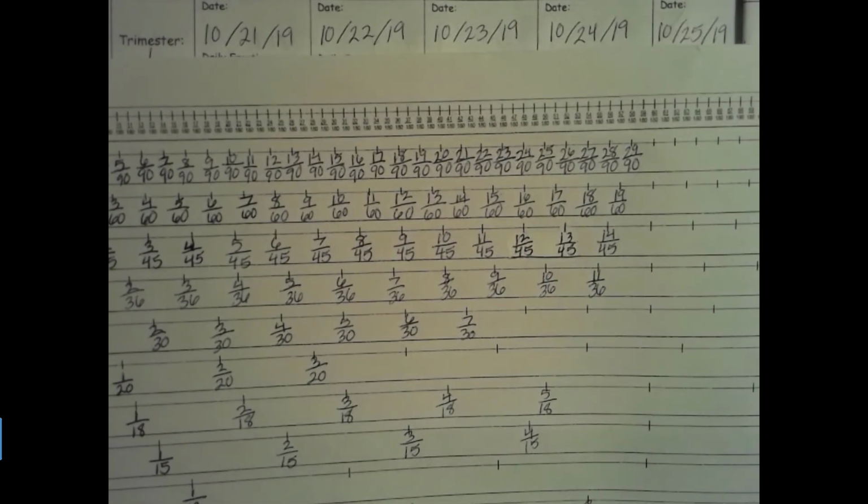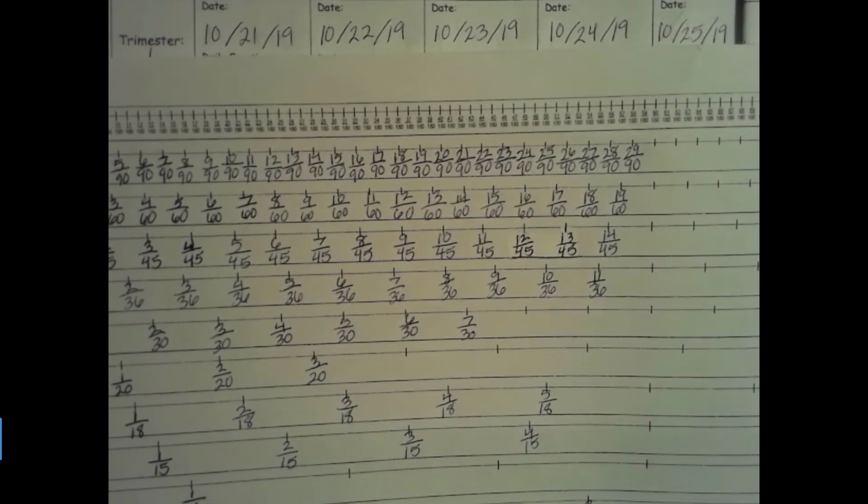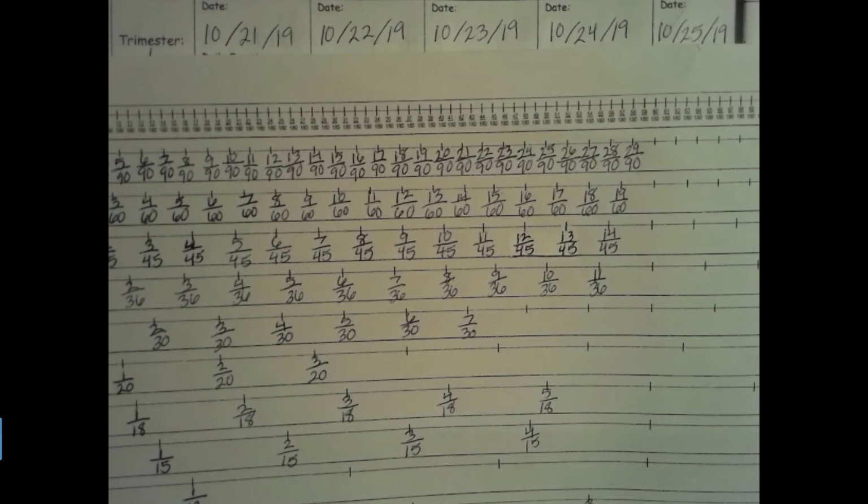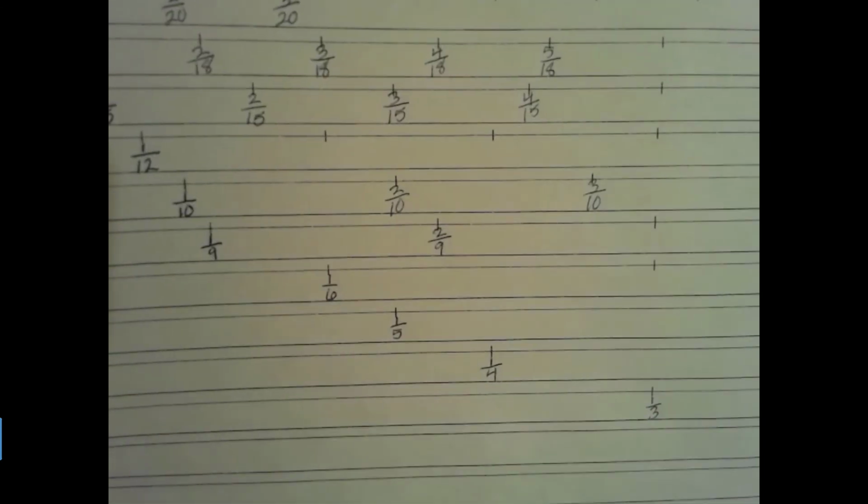This one has lots and lots of equivalent fractions because there are lots of common factors in 60 and 180. But 60 was our greatest common factor.